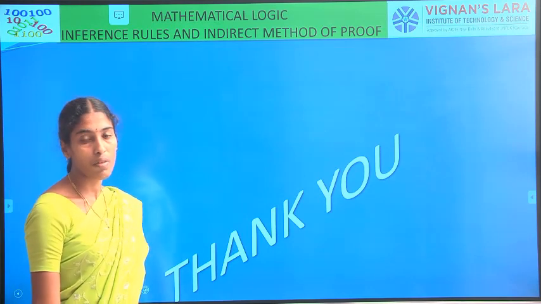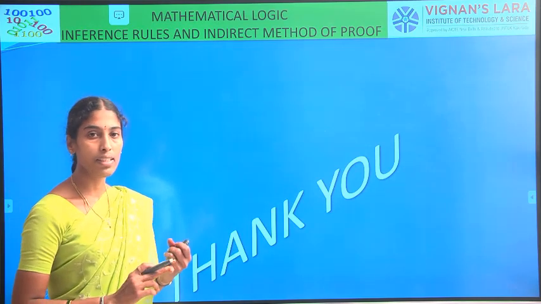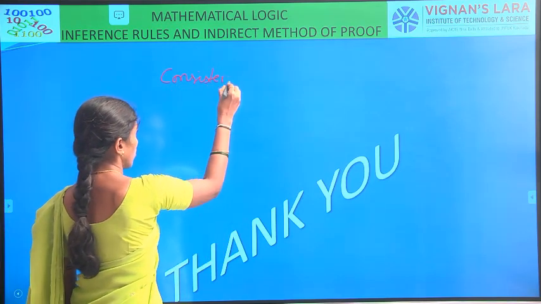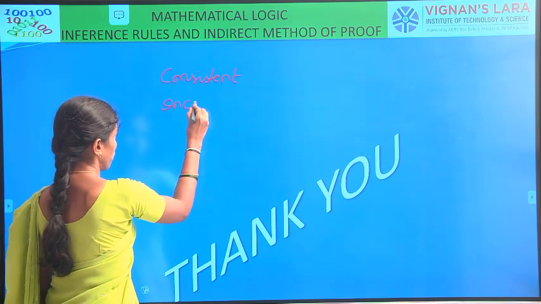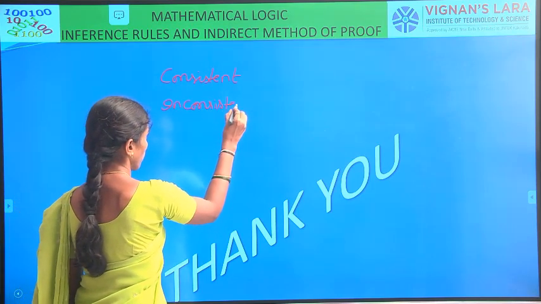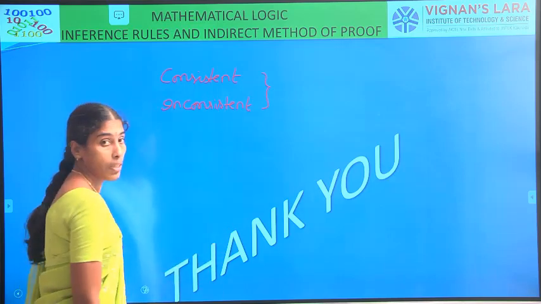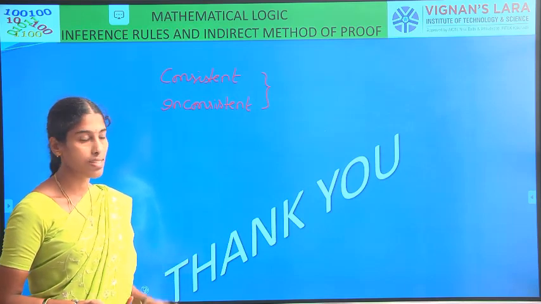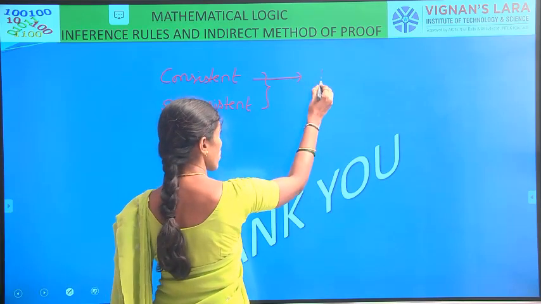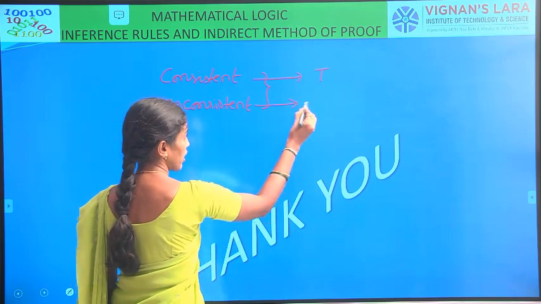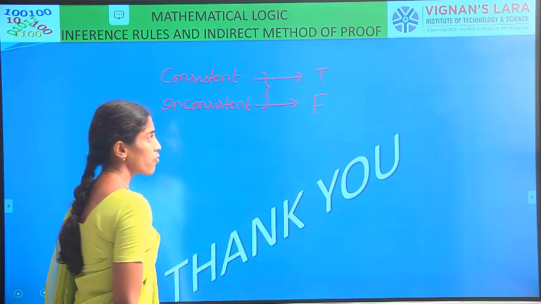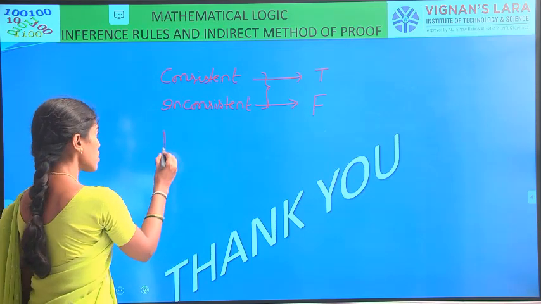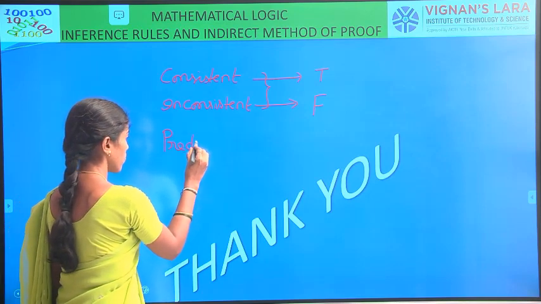Right? In this class, we discussed the concepts of consistent and inconsistent. For a given set of premises, when do we say it is consistent, and when do we say it is inconsistent? Consistent means their conjunction has a truth value true; if their conjunction has a truth value false, we say it is inconsistent. Right? And then we started the concept of predicate calculus.